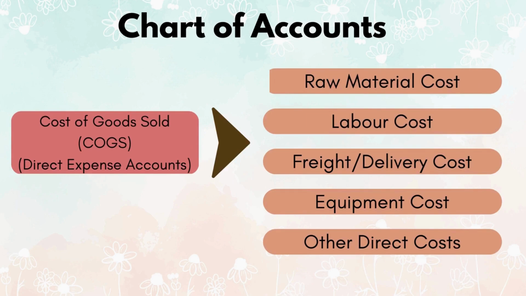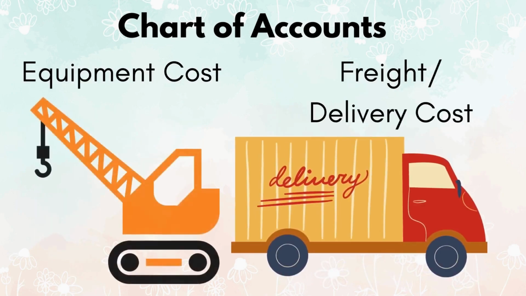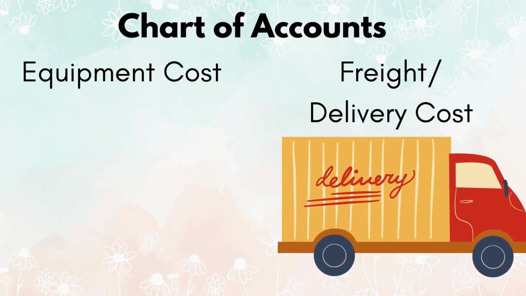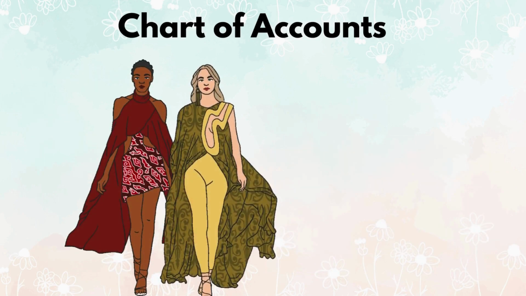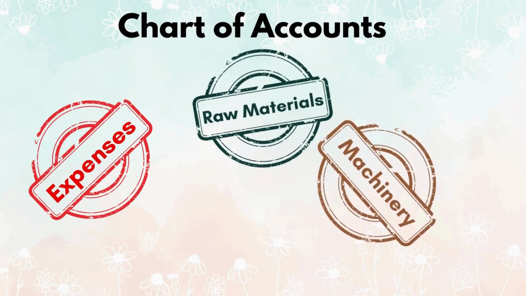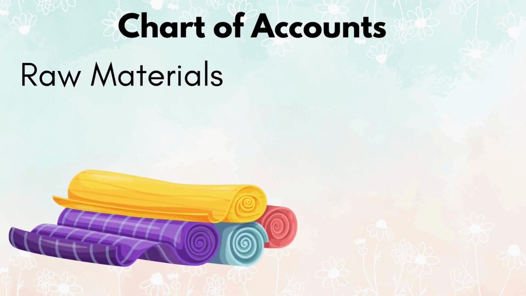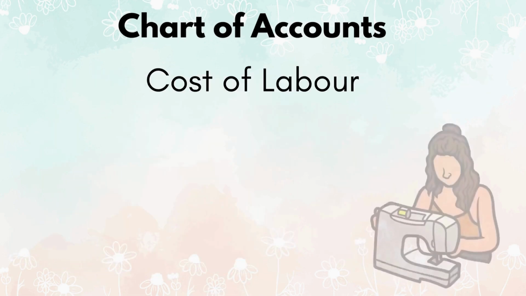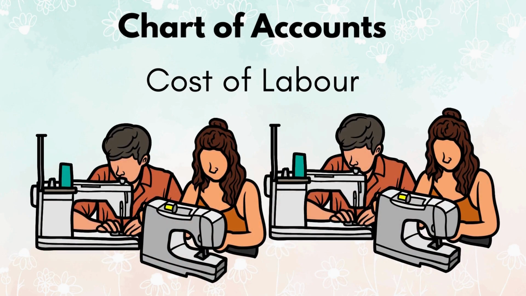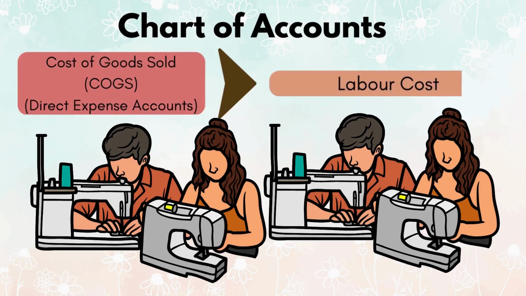Cost of goods sold or COGS refers to expenses which are directly incurred to generate revenue. For example, if you produce dresses, the expenses incurred in buying raw materials with which you produce these dresses, e.g., the fabric, the buttons, the threads, as well as expenses incurred in paying the salaries of the tailors who sew these dresses, are called cost of goods sold or direct expenses.